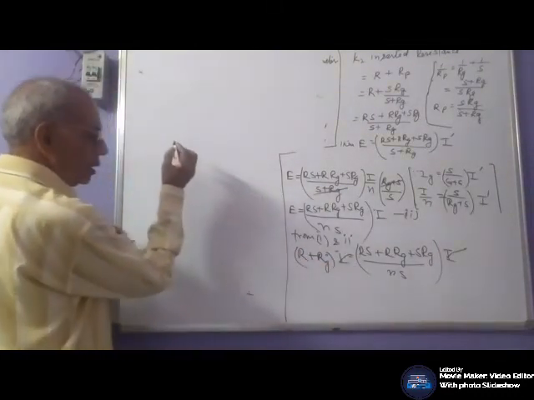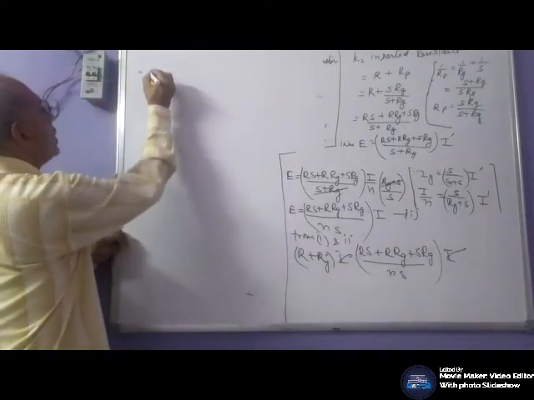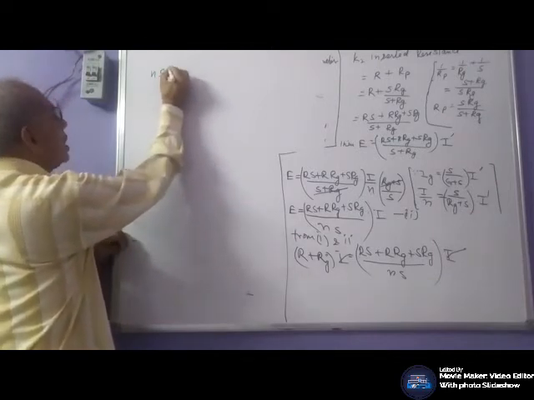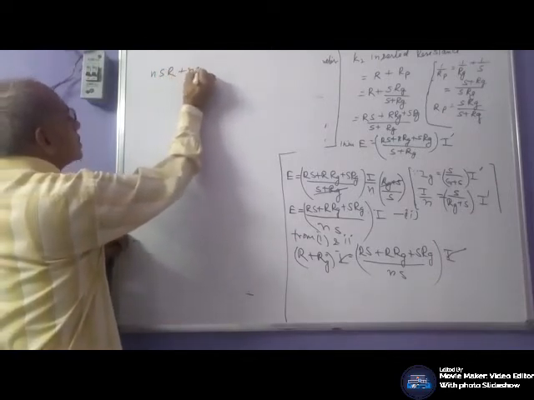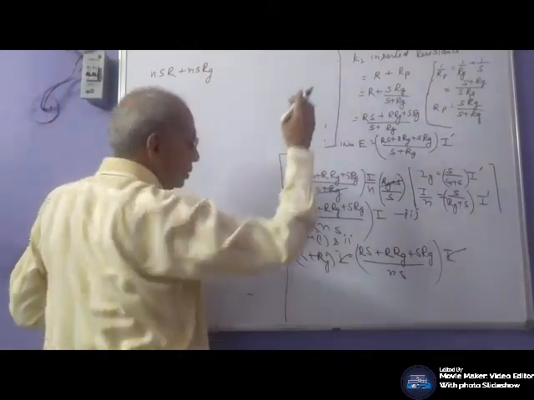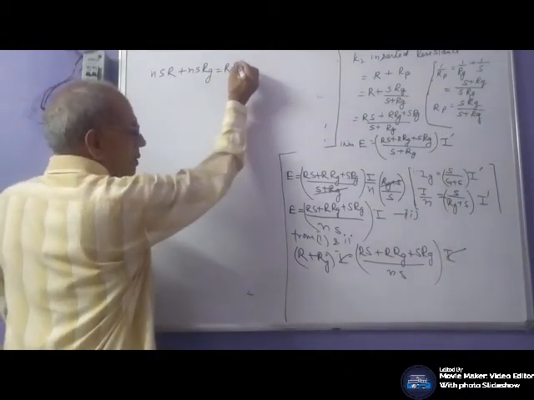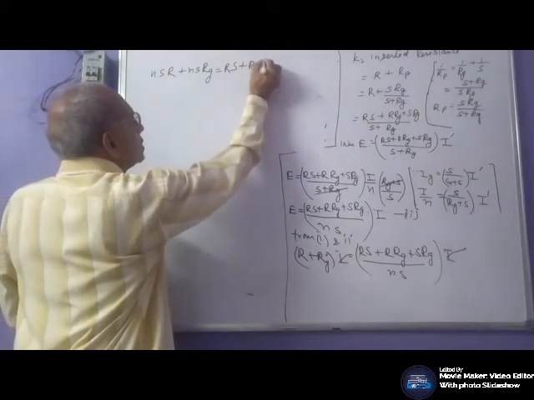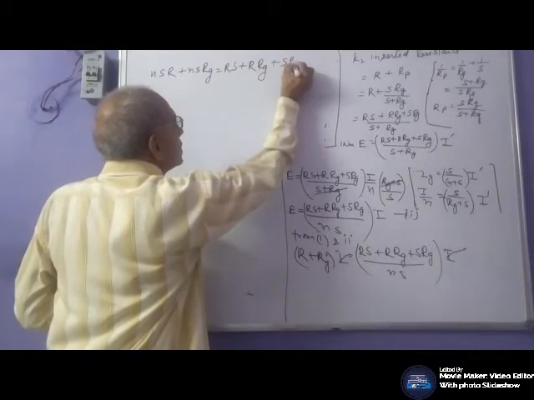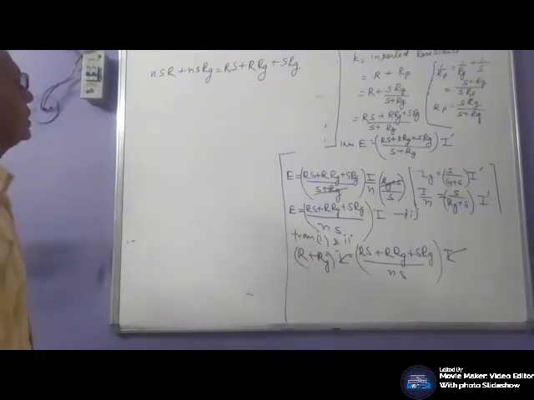Solve it further. Multiply this by ns here. ns R, ns Rg, Rs, R Rg, S Rg. We have to calculate Rg.